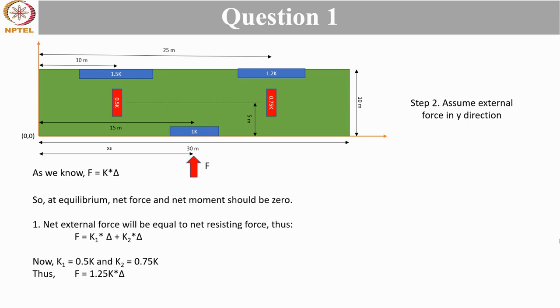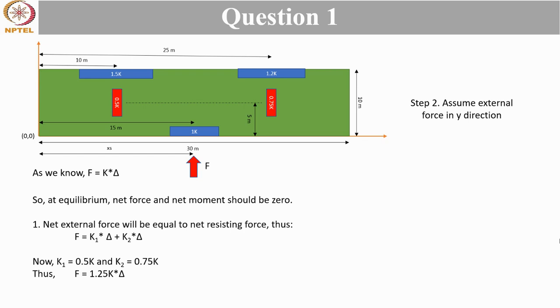So when the force is acting in the y direction, the two columns, the one with 0.5k stiffness and the one with 0.75k stiffness, will act as resisting columns, and the columns with stiffness 1k, 1.5k and 1.2k won't show any resistance. Now we know F is equal to K delta, the basic equation.